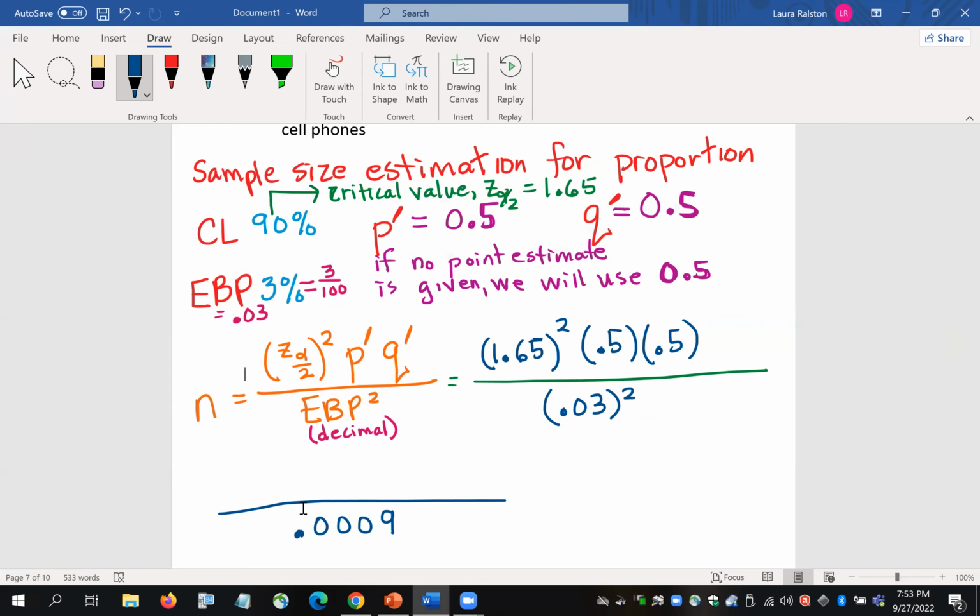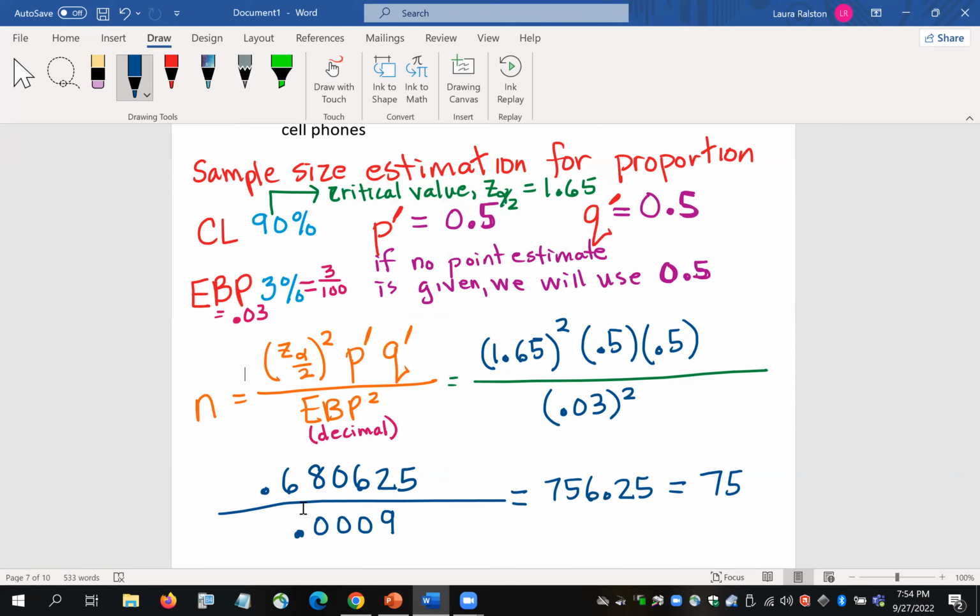Okay, so then I'm going to do the numerator. 1.65 squared times 0.5 times 0.5 equals 0.680625. So 0.680625 divided by 0.0009 gives me 756.25.